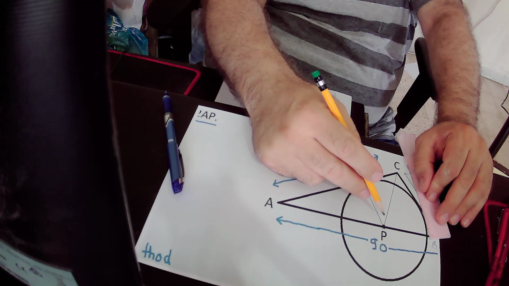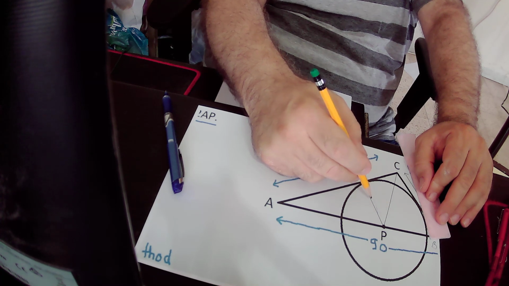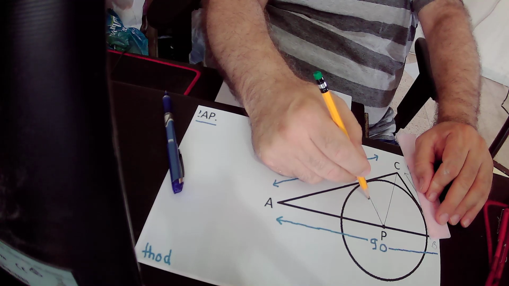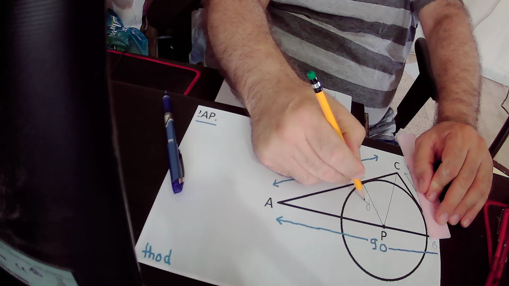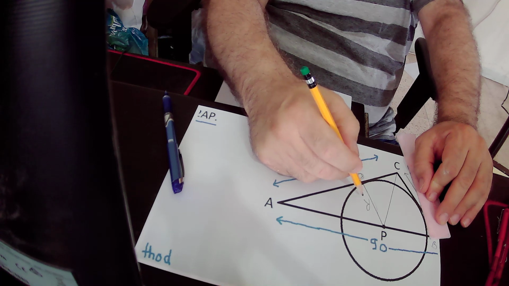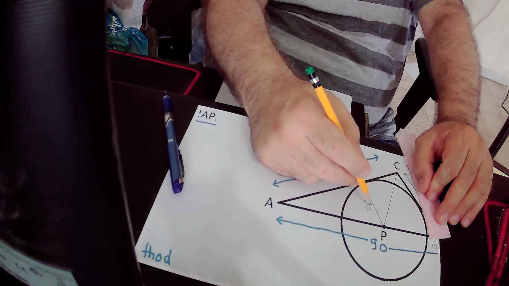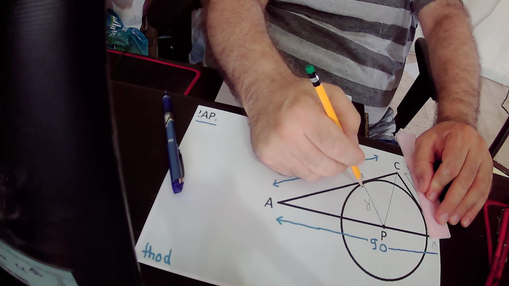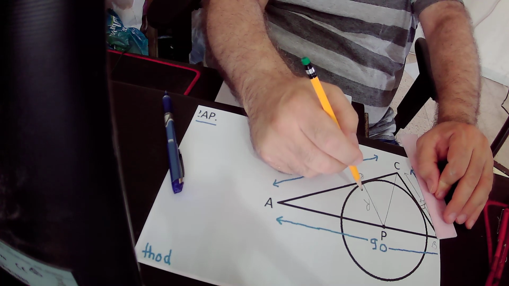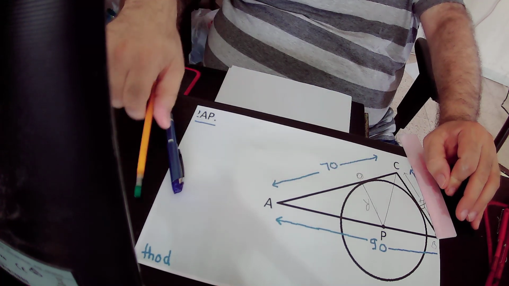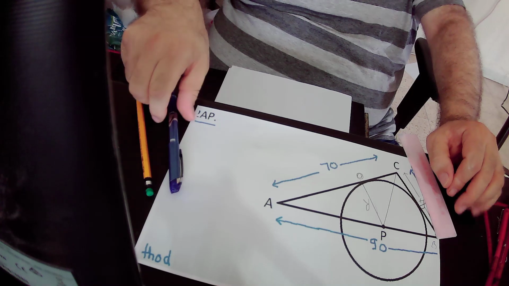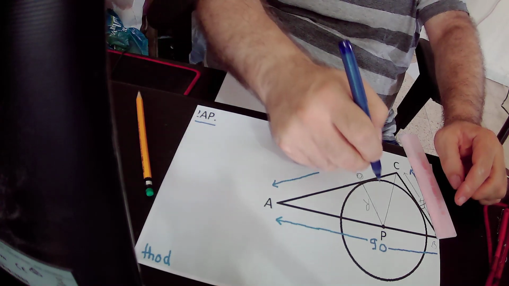So line OP is the radius of the circle. We will call it R, where R is the abbreviation for the radius.